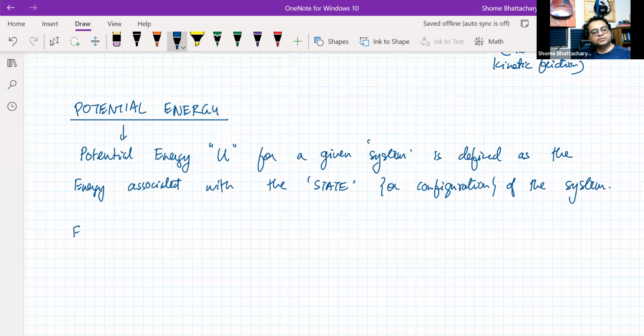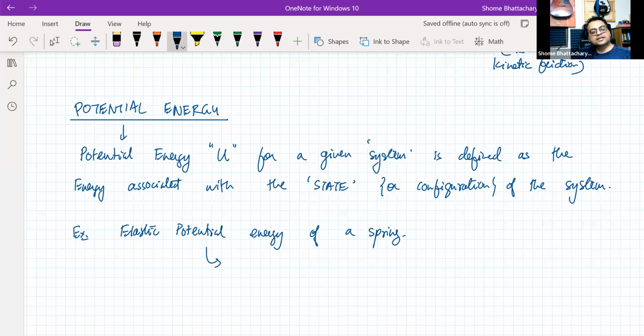So for example, the most obvious example of potential energy, the one we talked about, elastic potential energy of, let's say, a spring.